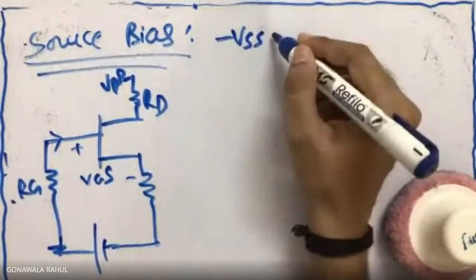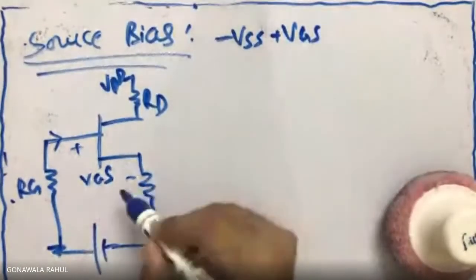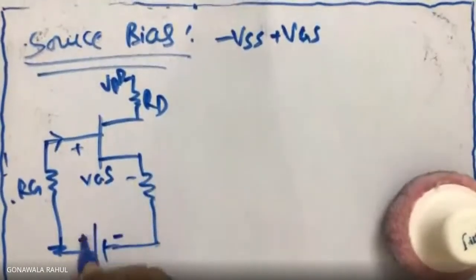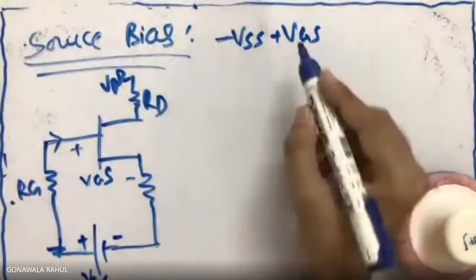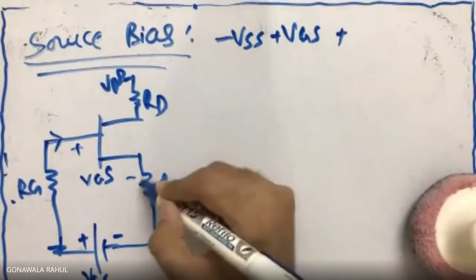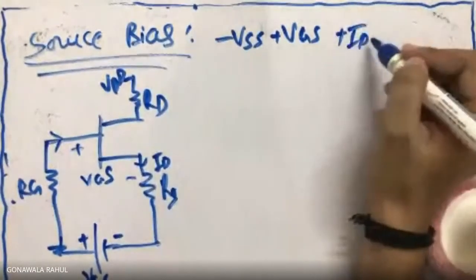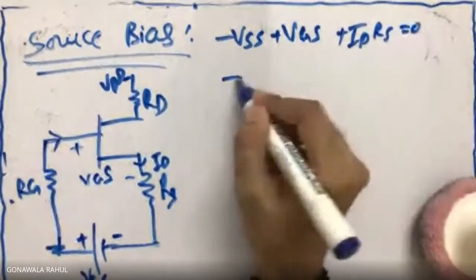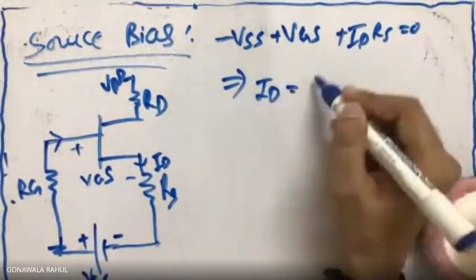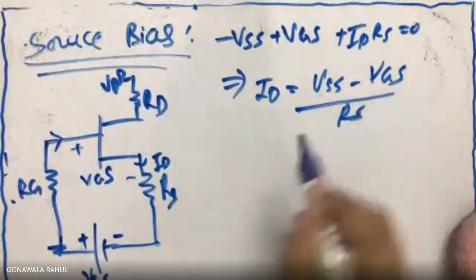So applying KVL, we have minus VSS plus VGS plus ID into RS is equal to 0. Hence my ID is equal to VSS minus VGS upon RS.